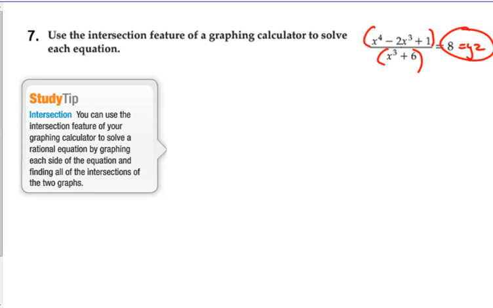And I'm going to set my window this time like negative 20 to 20 for my x. And for my y, I just want to know where it hits 8, so I'm going to do 0 to 10. I really don't care to see a whole bunch of this graph. Right, in the window I chose, I see two solutions. One is negative.